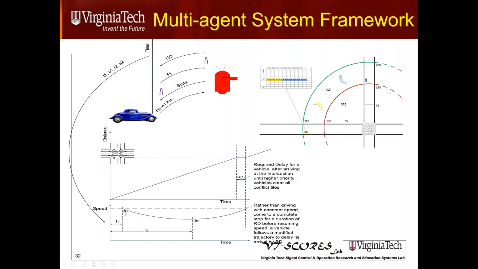And then the vehicle, knowing that it cannot continue the same trajectory, it needs to, let's say, delay it for 5 more seconds, it will calculate how to make that delay by decelerating and accelerating back so that it will arrive just later by that amount of time. And in doing this, it can adjust that trajectory to minimize the fuel consumption and emission. So you can have multiple objectives achieved this way.